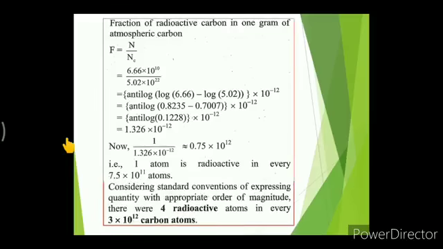And hence, by considering the standard conventions of expressing quantity with appropriate order of magnitude, there were 4 radioactive atoms in every 3 into 10 raised to 12 carbon atoms.